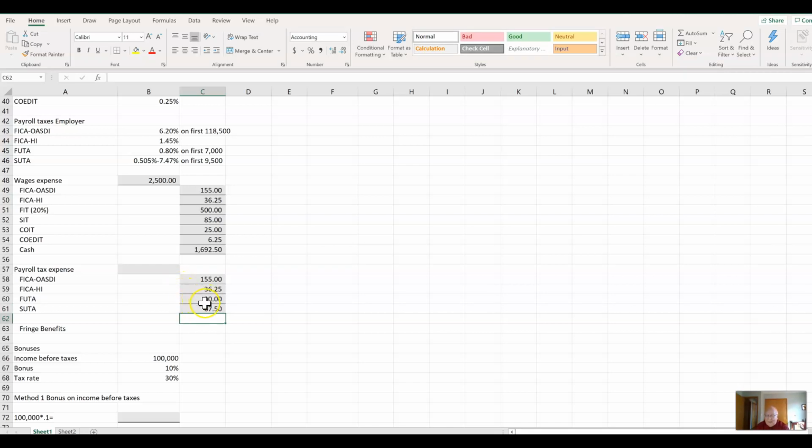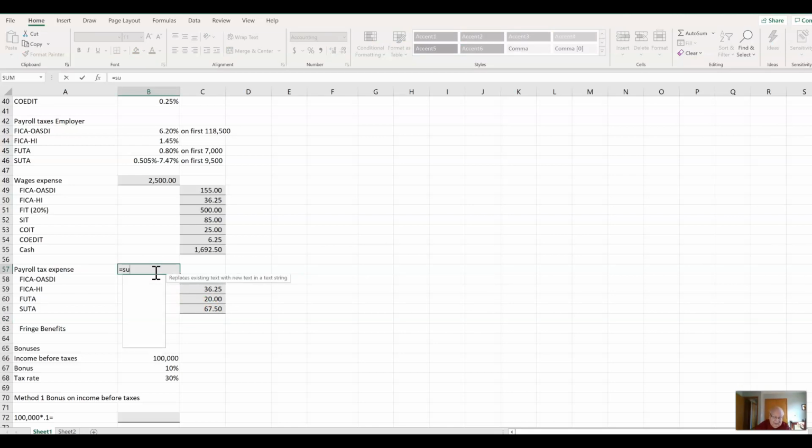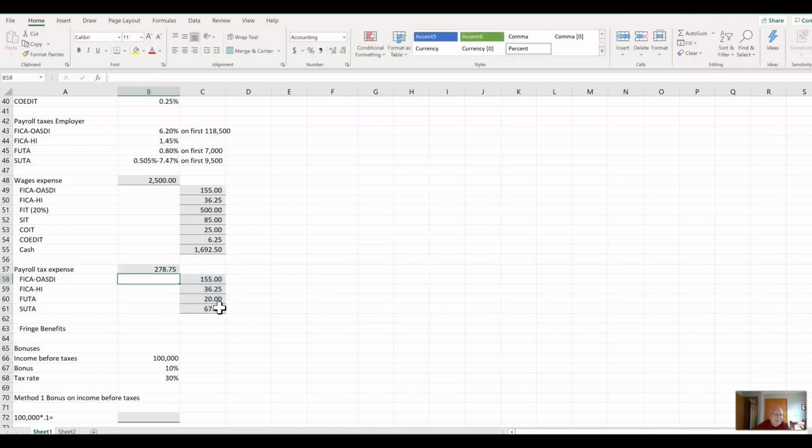I picked that number, the 2.7%, because that's someplace in between. It would have to be given to you. And then this one is simply equal to the sum of all the taxes, which is $278.75. That's the employer's share.